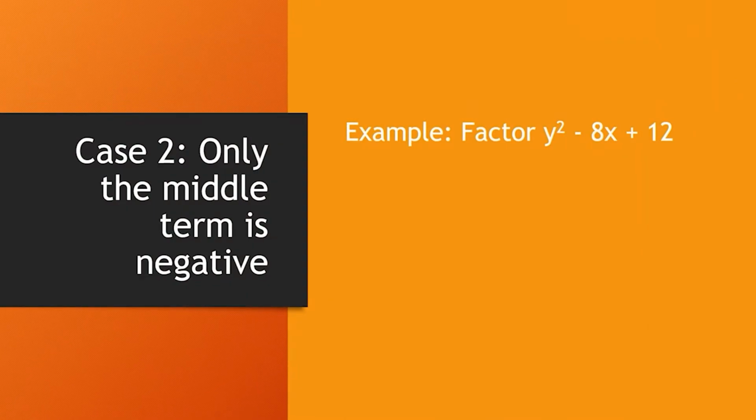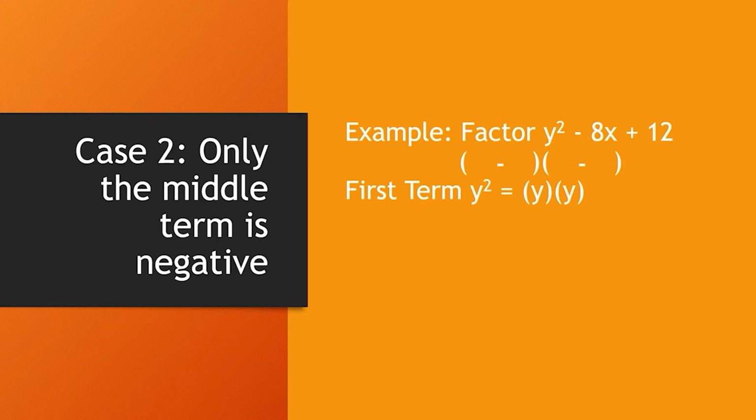Case 2. Only the middle term is negative. Example, factor y squared minus 8y plus 12. The terms of the factors are separated by a minus sign. First term, y squared. The factors of y squared are y and y.